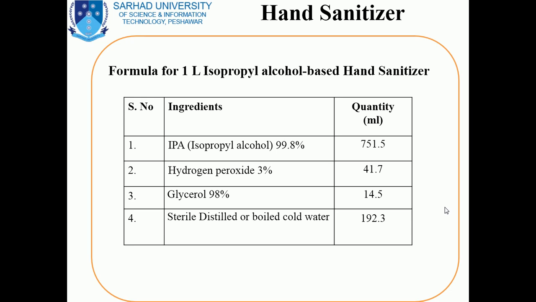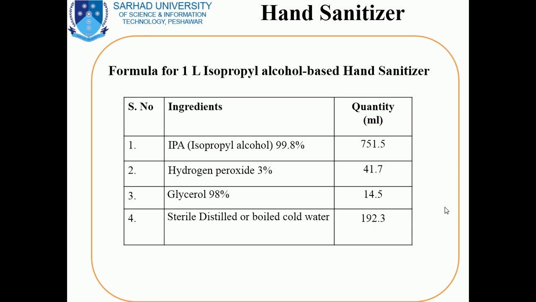The first one we need to make the 1000 ml is 751.5 ml. The second ingredient, that is hydrogen peroxide 3%, we will require in the 1 liter formulation of the hand sanitizer 41.7 ml. Glycerol we will need 14.5 ml.